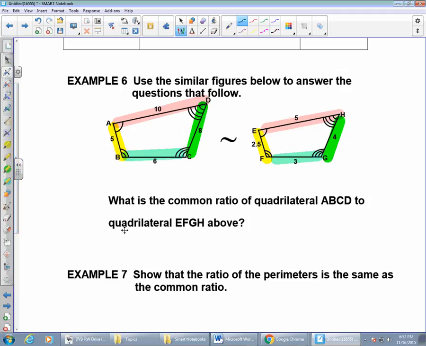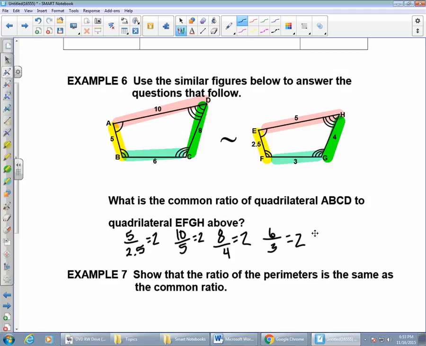What is the common ratio of quadrilateral ABCD to EFGH? Because we're doing ABCD, I want to put the big number on top. 5 goes with 2.5, 10 goes with 5, 8 goes with 4, and 6 corresponds to 3. If I simplify each one of these fractions, each simplifies to 2, and so my common ratio is 2.